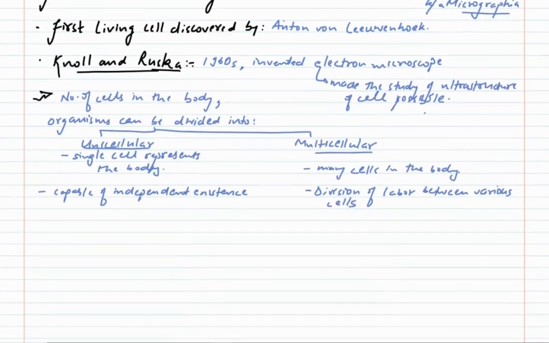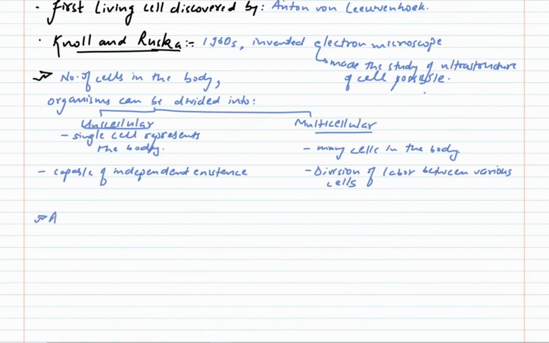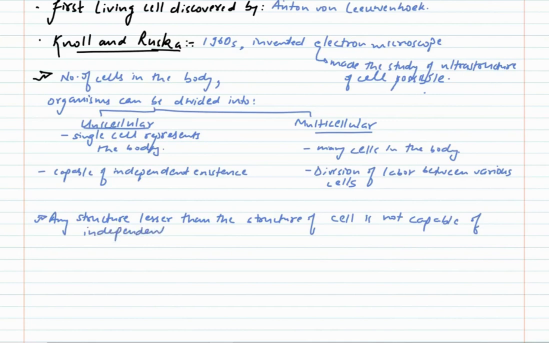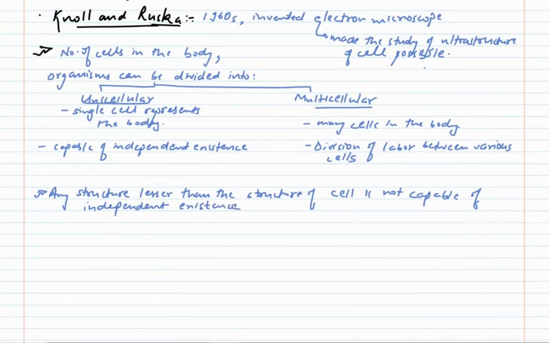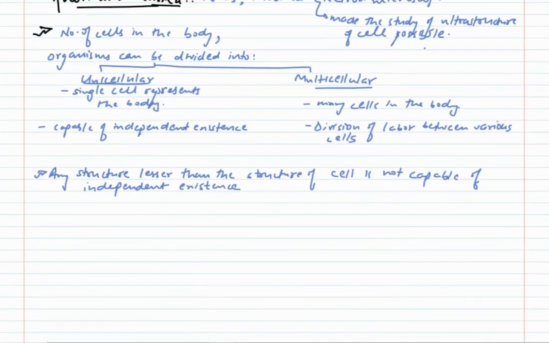So any structure lesser than the structure of a cell is not capable of independent existence. So the smallest unit of life which can exist independently is the cell.